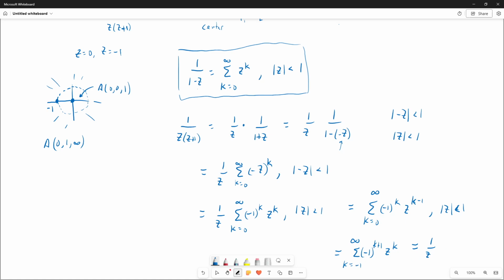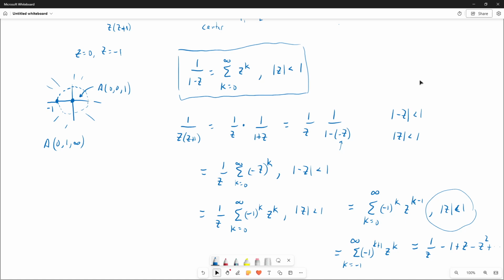If k is 0, we get a negative, and this is just 1. If k is 1, we get a positive, and we get z, and then minus z squared, etc. So there is our Laurent series on the first annulus, because this is valid as long as the modulus of z is less than 1.